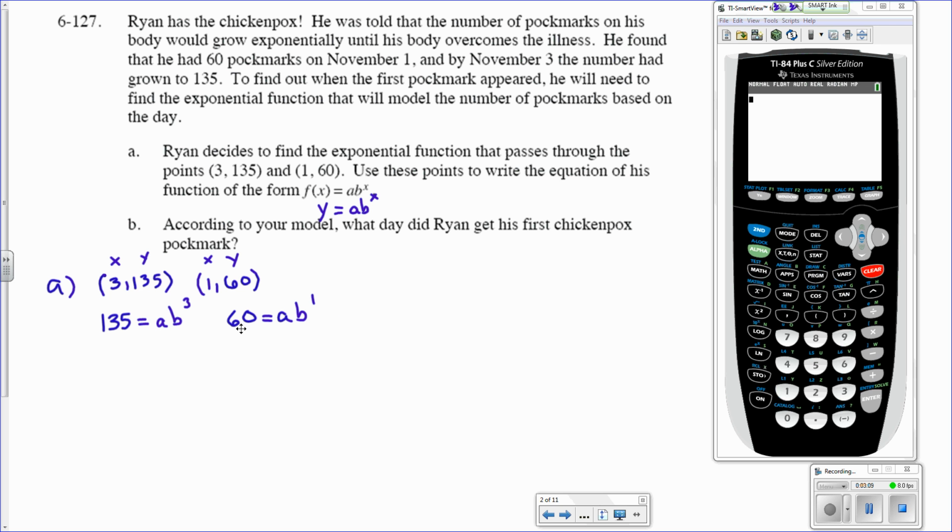So for instance, let's look, 60 equals a times b, because b to the 1st is just b. I'm going to isolate a here, so I'm going to divide each side by b. So right now I know that 60 divided by b is going to equal a.